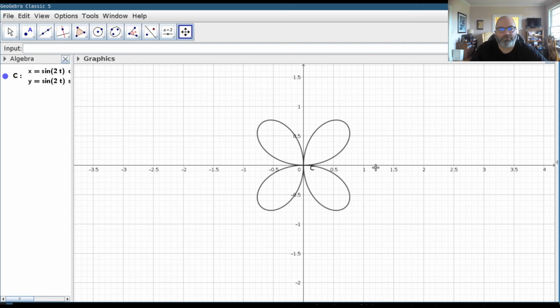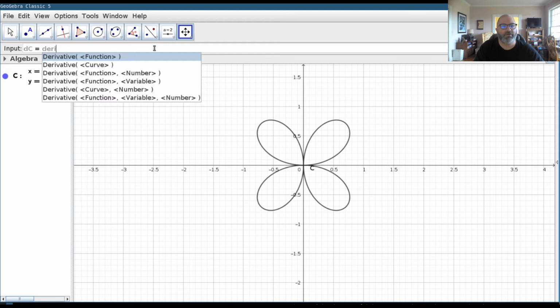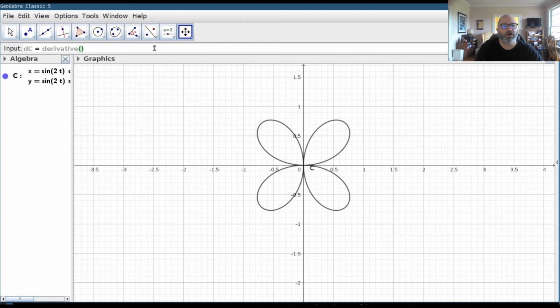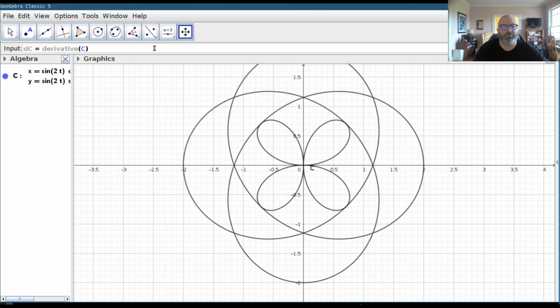Now, since we'll be interested in the first derivatives and the second derivatives, I'm going to go ahead and compute those, but hide them in the background. Let's say dc is going to be the derivative of our curve C. At each point it computes the vector for that one.